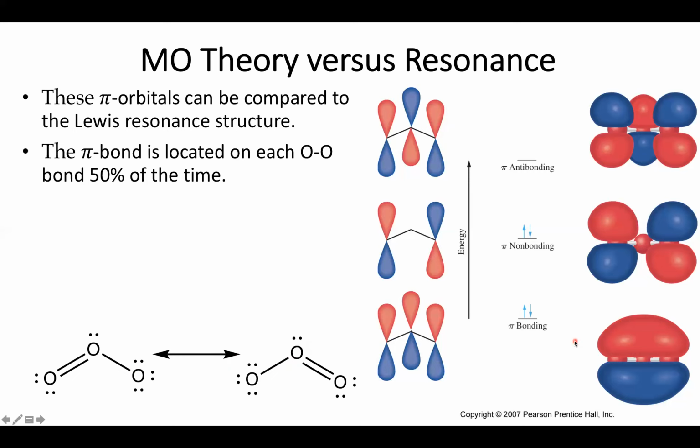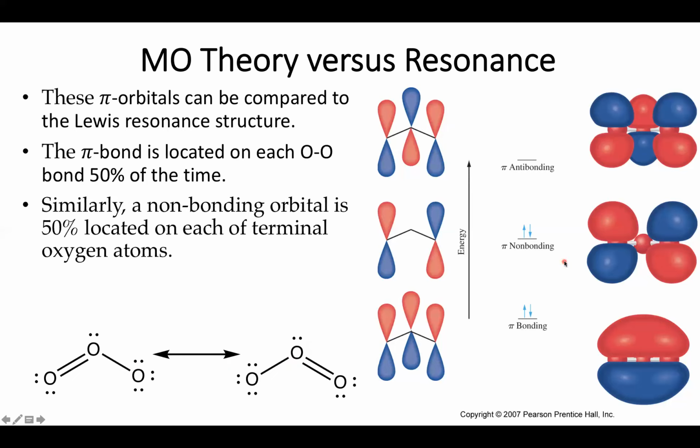Now, the really cool part, though, is when we're talking about those non-bonding orbitals, because what we find here is that 50% of my non-bonding character is on this terminal atom, and 50% is on this terminal atom. And this means that, indeed, the resonance structure is also correct. 50% of the time, this oxygen atom is going to have 3 lone pairs, and 50% this oxygen atom is going to have lone pairs.